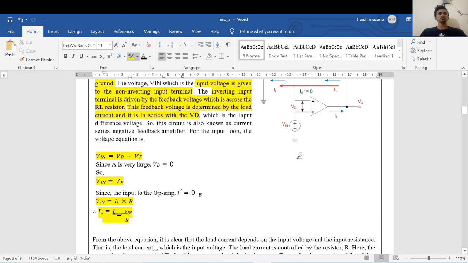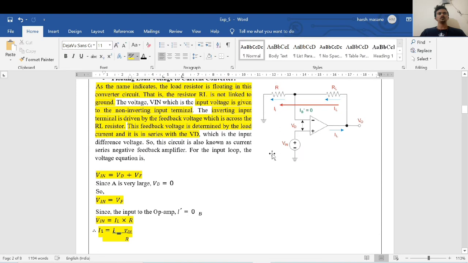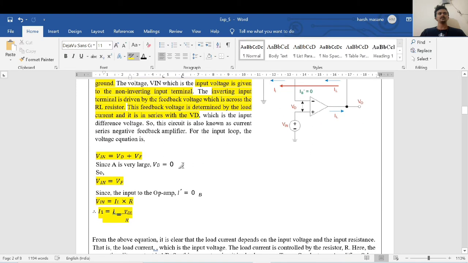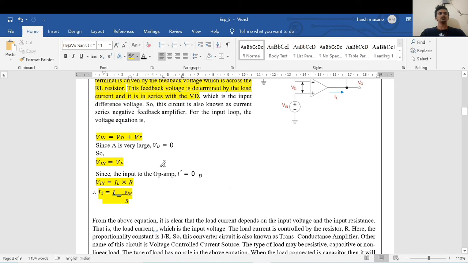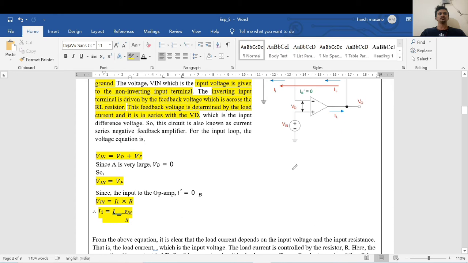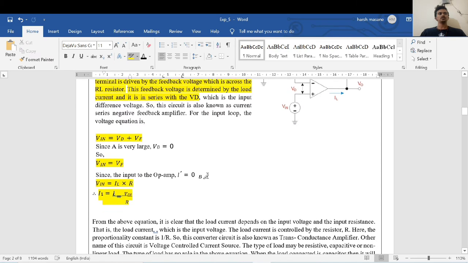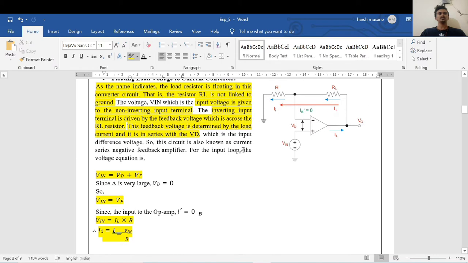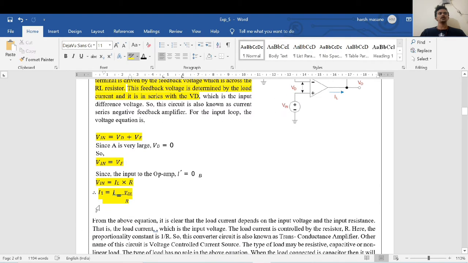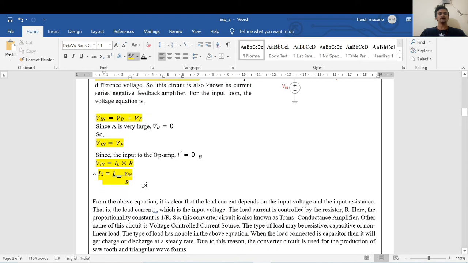So for the input loop, the voltage equation will be Vin is equal to Vd plus Vf. As we all know, the differential voltage is 0. So my Vin becomes equal to the Vf. Here Vf is nothing but the load current into R. So my load current becomes Vin by R.